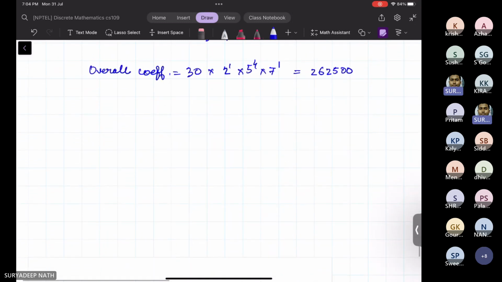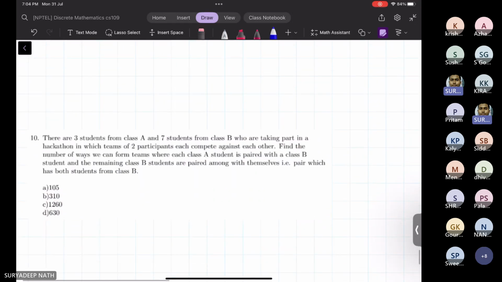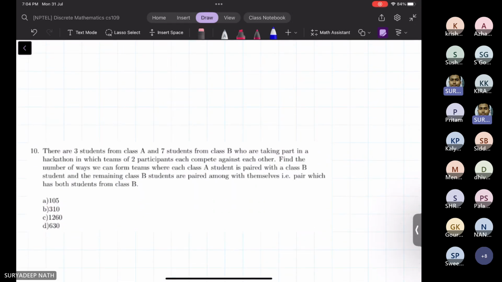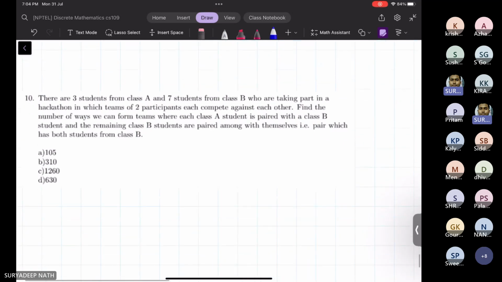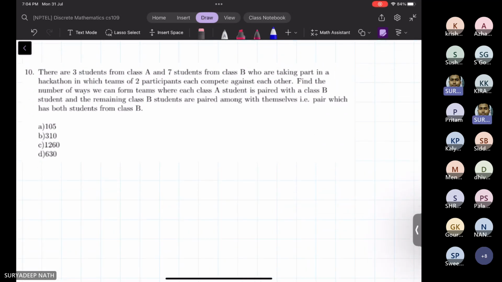Okay. Let us move on to the final question for this session. We have 3 students from class A and 7 students from class B who are taking part in a hackathon. So let us draw them.